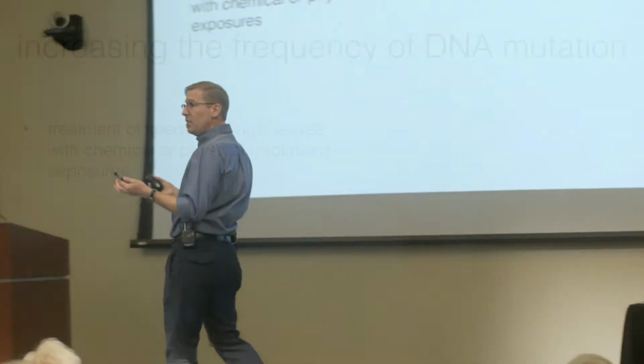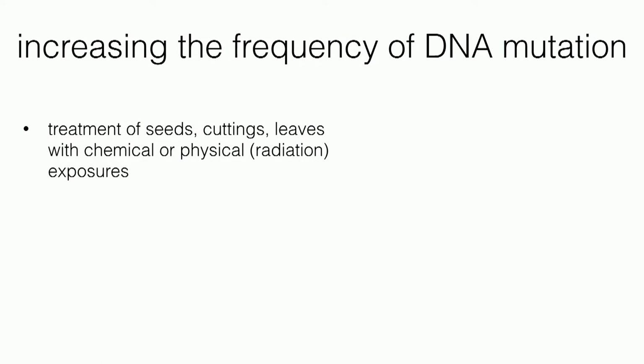I can treat seeds, I can treat leaf cuttings, I can treat parts of the plant with chemicals that I know mutate DNA. Or I can expose those plants to radiation, X-rays or gamma radiation. And that exposure mutates the DNA. Now, it mutates the DNA at a pretty high rate.